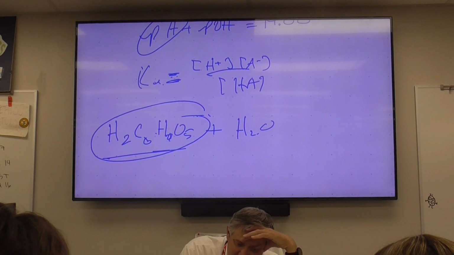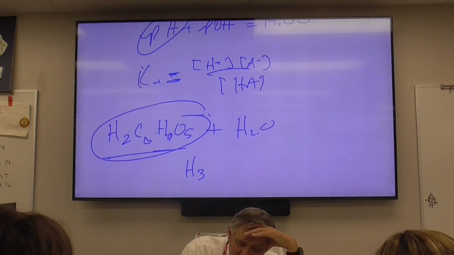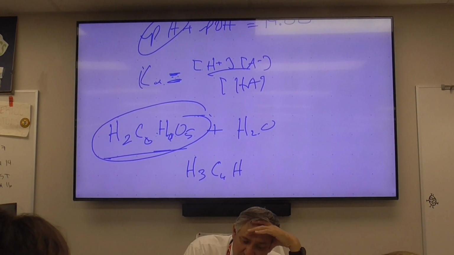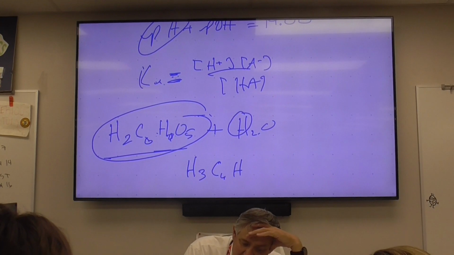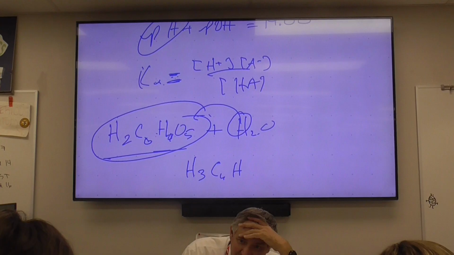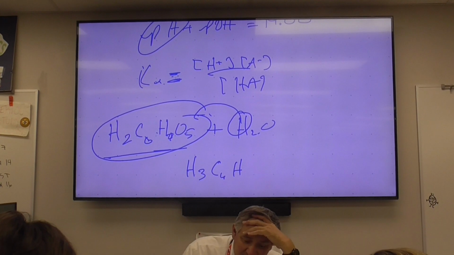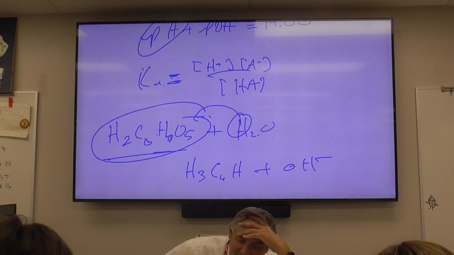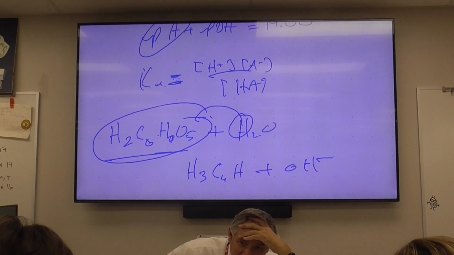You attach it to this, so you can just write it as H3, C6, H7, O5, but then, because you're adding basically a proton to it, what happens to the charge? You don't have one, but then you have an OH minus. That's it, that's all you have to do.